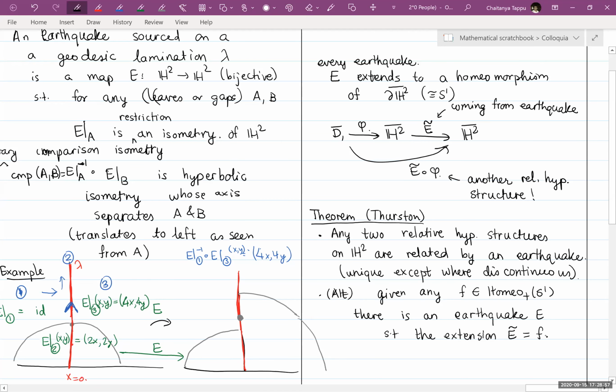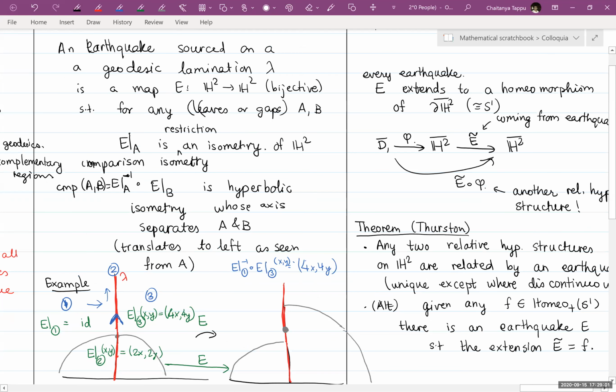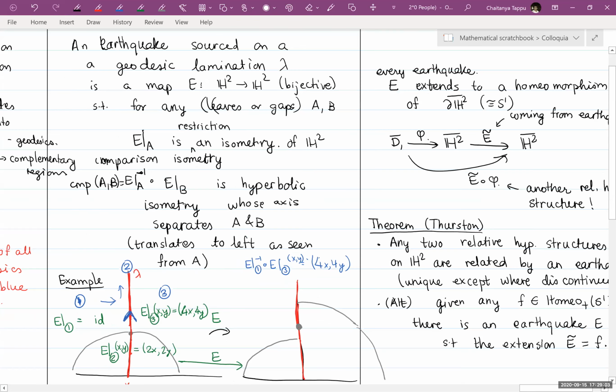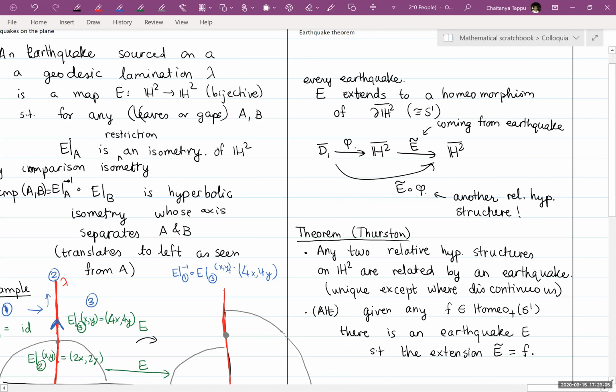So this tells you how to change between hyperbolic structures. Any compact hyperbolic surface, or just about any hyperbolic surface, has universal cover equal to the hyperbolic plane H2. So if you do all of this equivariantly, you get corresponding statements for any hyperbolic surfaces.